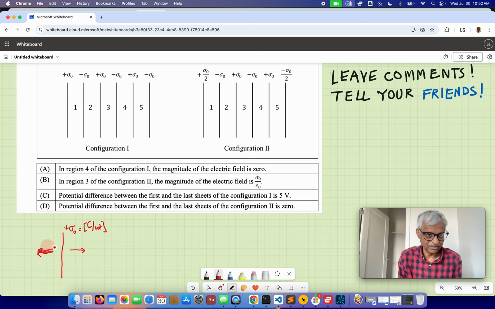All the space is filled up. Electric field here, electric field here, and that value is sigma 0 over 2 epsilon naught. You have to remember this or be able to derive it using Gauss's pillbox that cuts across it.